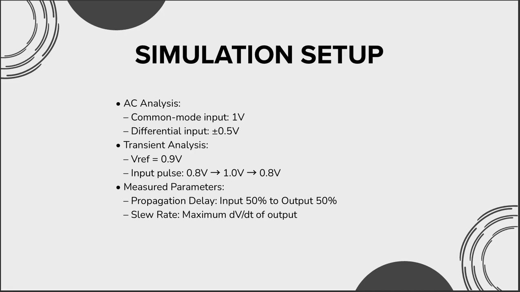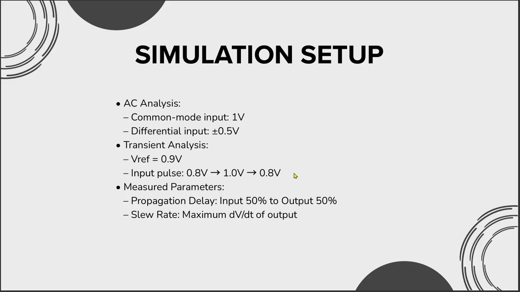For both amplifiers, I used the following simulation setup. For AC analysis, I used the common mode input as 1 volt. For differential input, I used plus and minus 0.5 volts. For transient analysis, the reference voltage was 0.9 volt. The input pulse was 0.8 to 1 volt to 0.8 volt, back to 0.8.